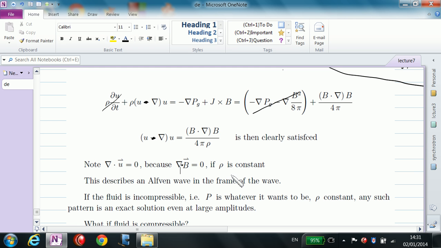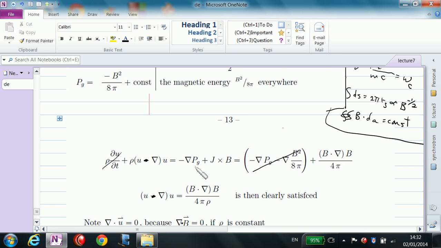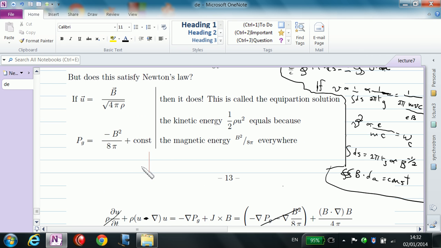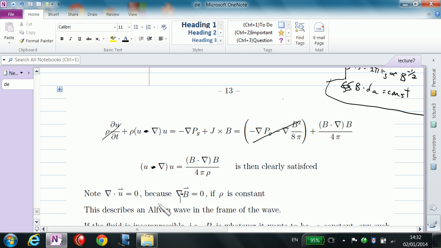If rho is not constant, the point is, if rho is constant, then I can assume this is 0 in the solution, because div u is proportional to div b, because u is proportional to b if rho is constant.